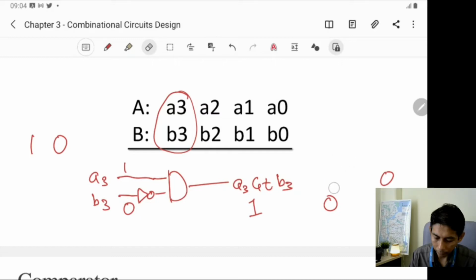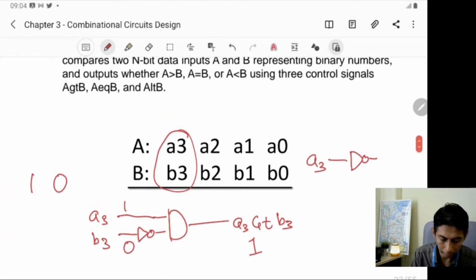And for another circuit to check whether A3 is less than B3 or not, we can have a similar circuit where now A3 is connected to maybe I use here.